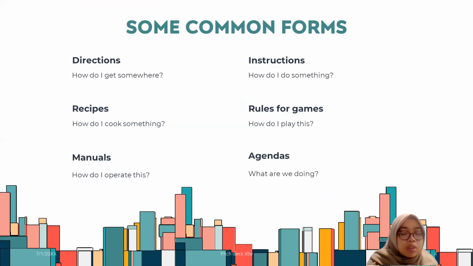Nah, some common forms. The first one is direction, how do I get somewhere. So usually when you're visiting, I don't know, Yogyakarta or maybe Jakarta or Bali, and you have no idea where you're going to, you usually ask some local people there, where should I go to, I don't know, some village in Lombok, or maybe some island in Labuan Bajo or something.